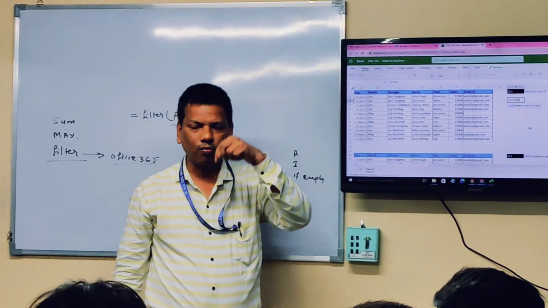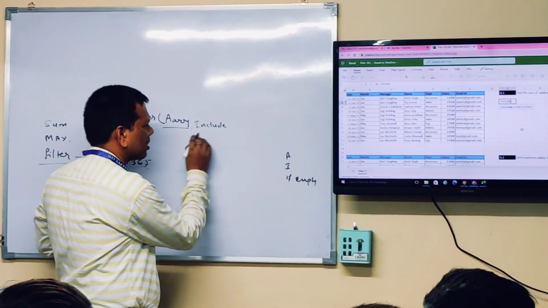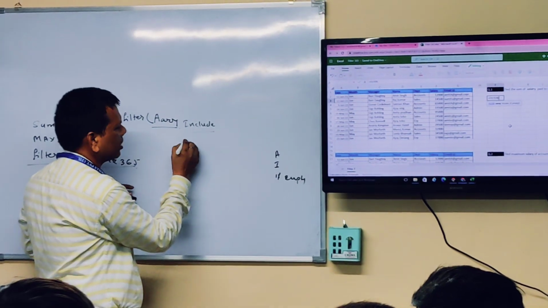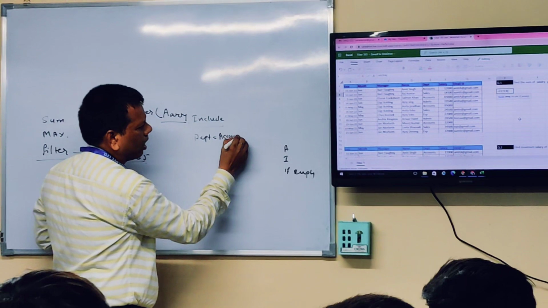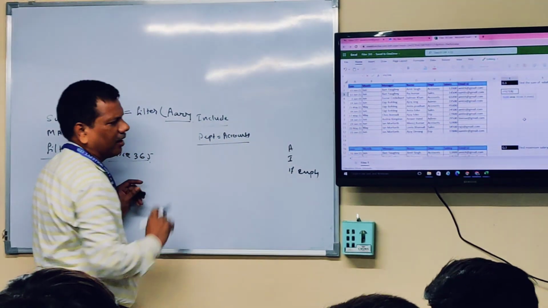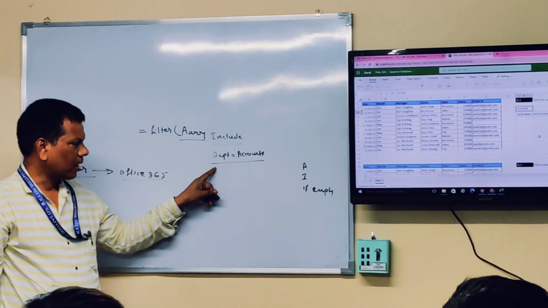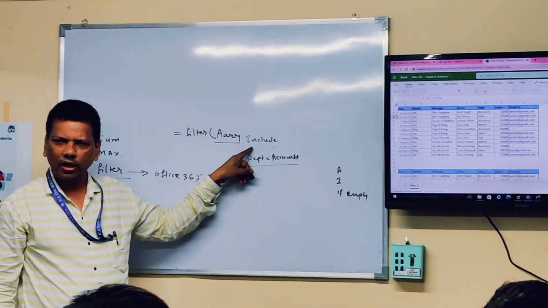Accounts. So that means I want to include only accounts. So the include condition must be your department equal to accounts. In layman's language, this is my criteria, but in Office 365 it is known as include.